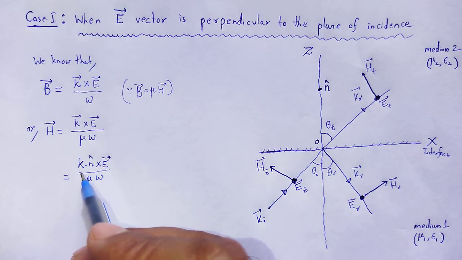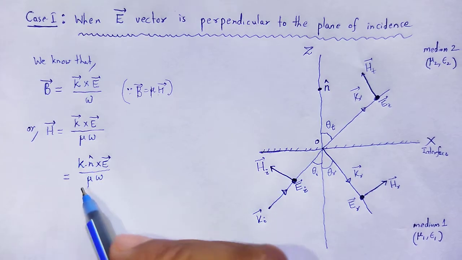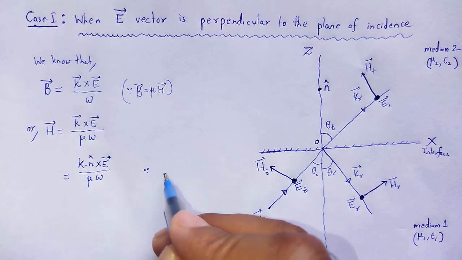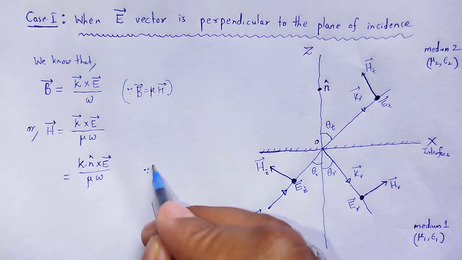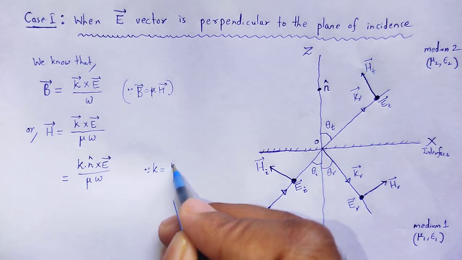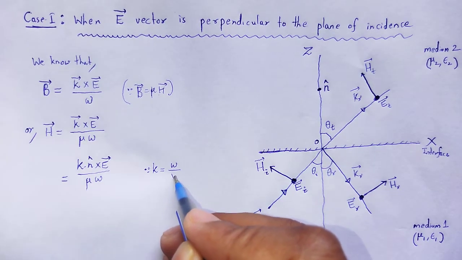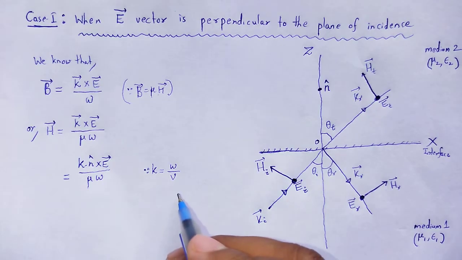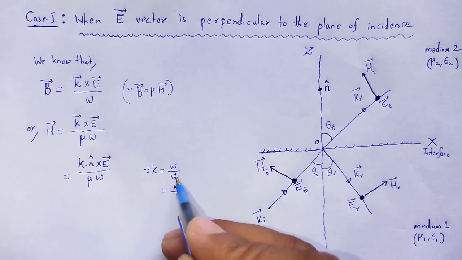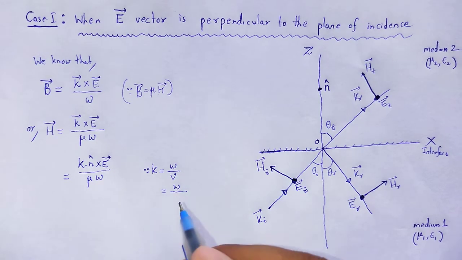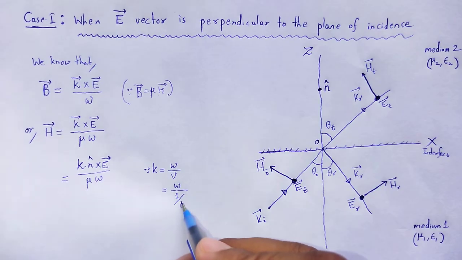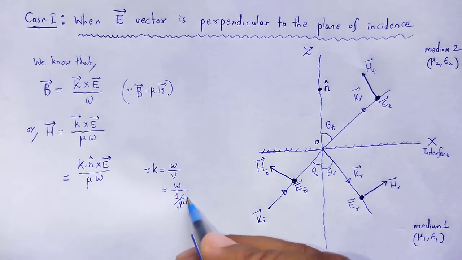What is the value of K? As you know, K is equal to omega by V. Omega by phase velocity V, where V is given as 1 divided by under root of mu epsilon.